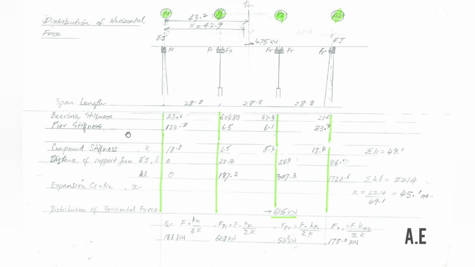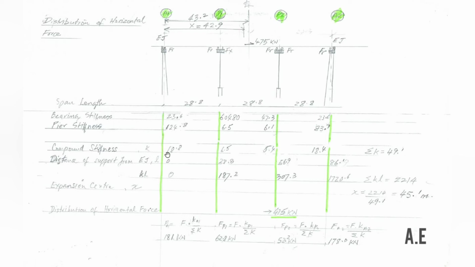The pier stiffness for the abutments are shown in the next row: 1 to 4.8, 6.5, 6.1, and 83.7. Based on the bearing stiffness and pier stiffness, we can now calculate the compound stiffness of all the abutments and the piers.